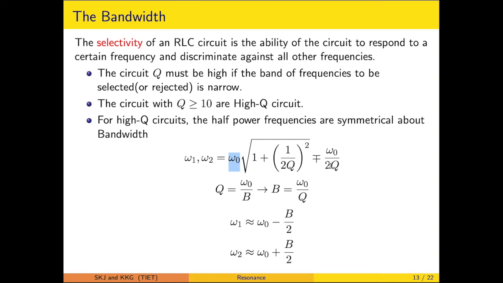The other aspect is that we can make a substitution of omega 0 upon Q as bandwidth. So the equations come out like this: omega 1 is equal to omega 0 minus B upon 2, omega 2 is equal to omega 0 plus B upon 2. So it is suggesting that for a high Q circuit, the half power frequencies are symmetrical about the resonant frequency, separated by the bandwidth.